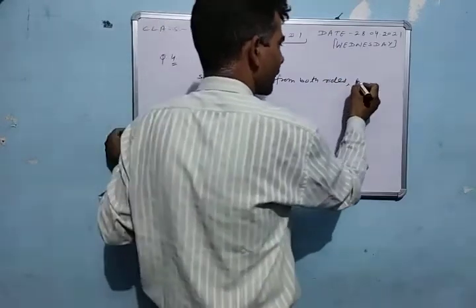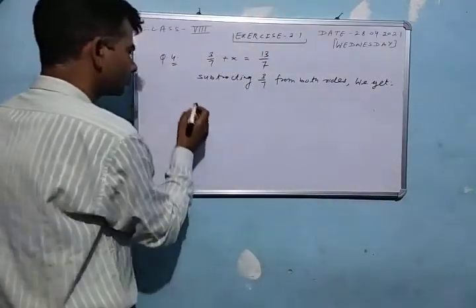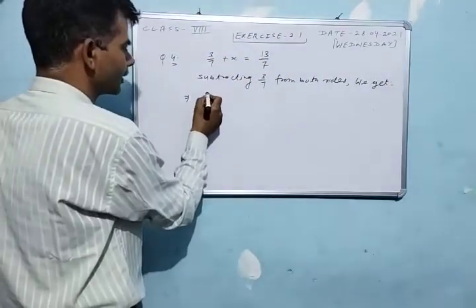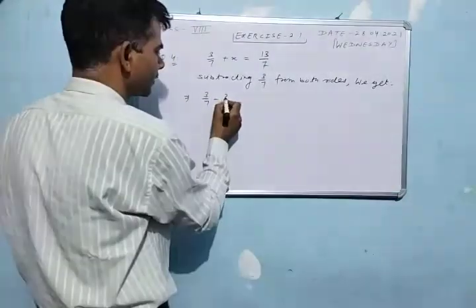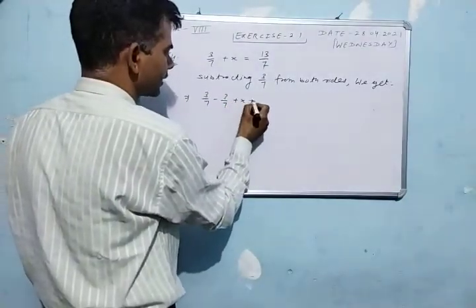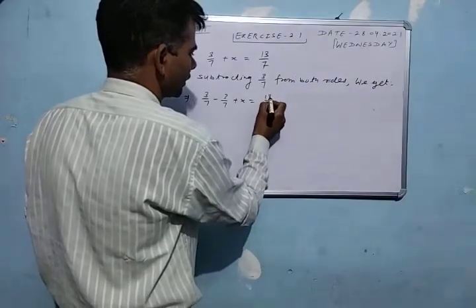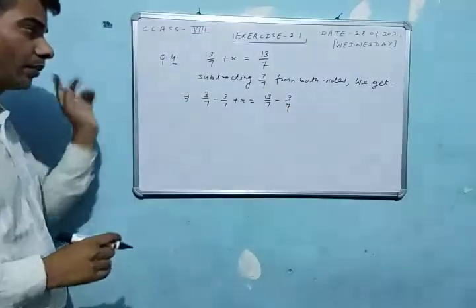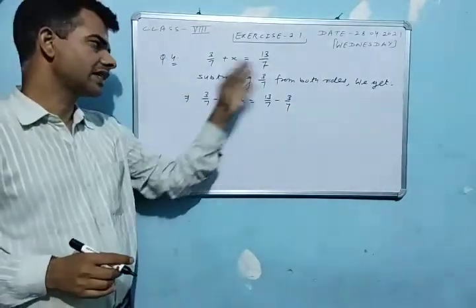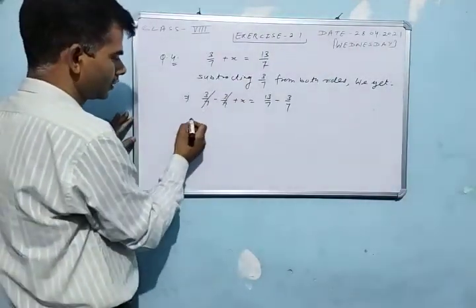We get 3 by 7 minus 3 by 7 plus x is equal to 13 by 7 minus 3 by 7, from both sides, left hand side as well as right hand side. Now that is cancelled out.